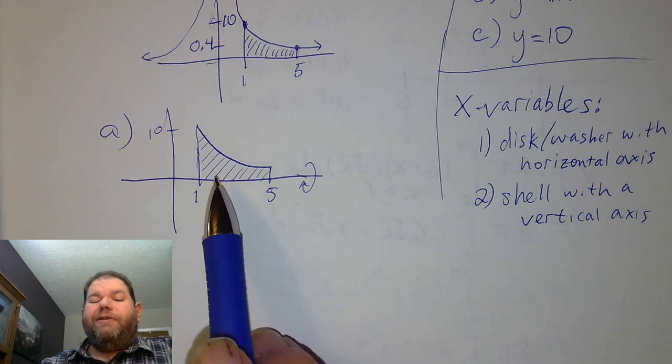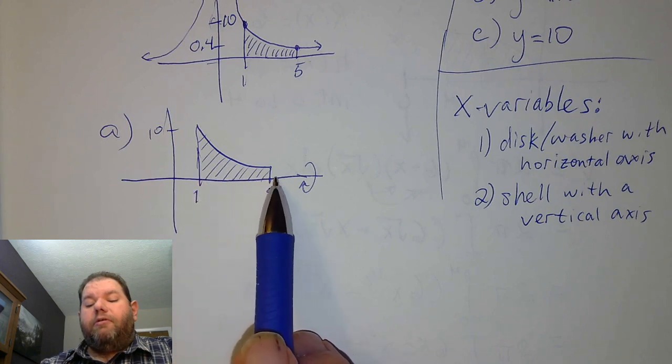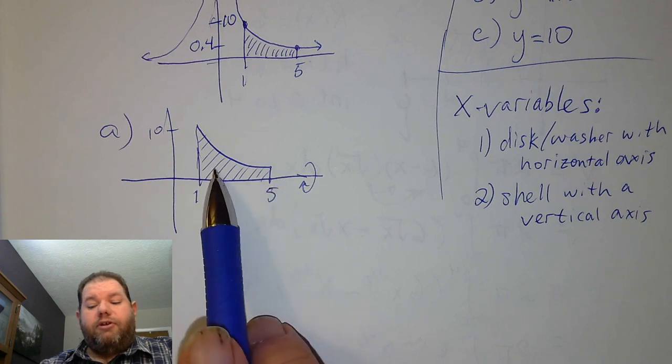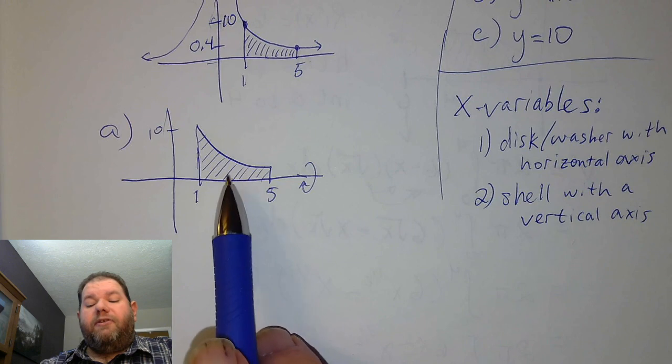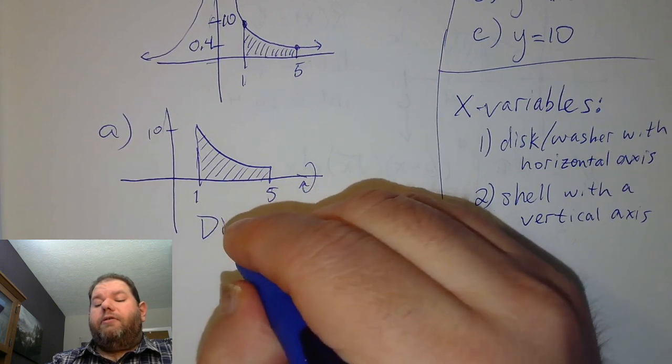Well, because our shaded area is right up adjacent to the axis of revolution, they're actually touching. In this case, we know we can go ahead and use a disk because there won't be any empty space that gets revolved in this scenario. So yeah, we'll use a disk here.